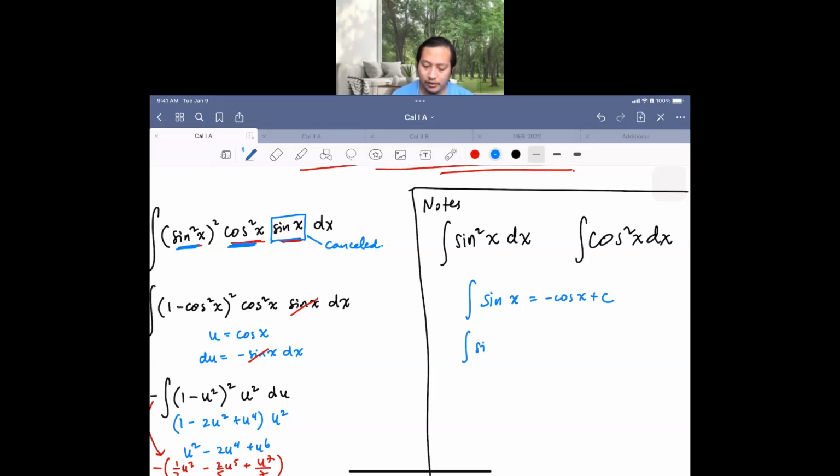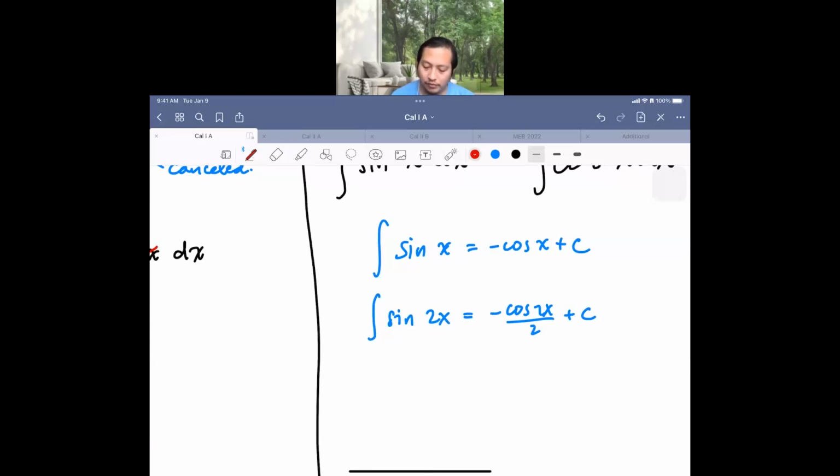If we have sine 2x, this will be negative cos 2x over 2 plus c, right? And how to make sure? We can check by differentiating this, which will give sine 2x, and then multiplied by 2 over 2. So we have that, right?